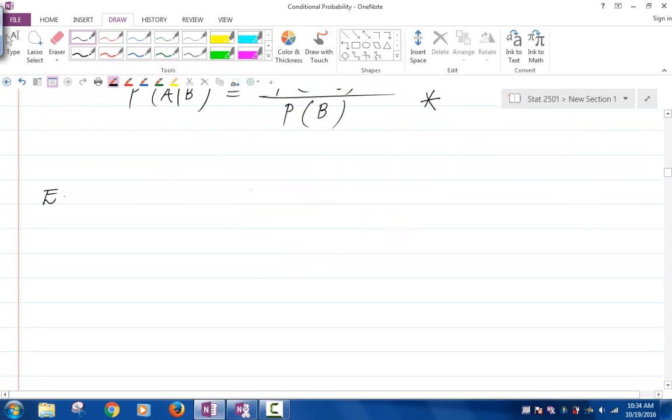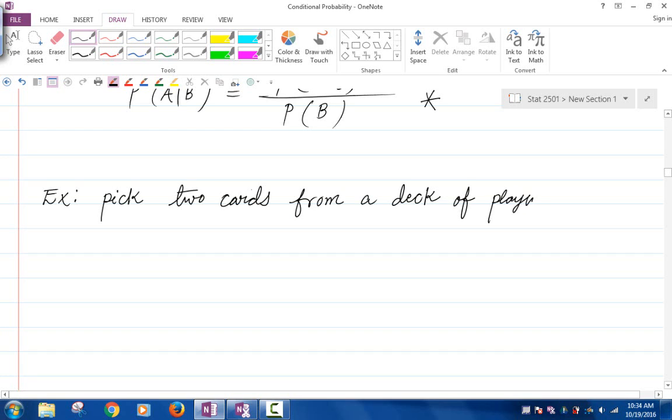Let's say pick 2 cards from a deck of playing cards. Is that how they say it, playing cards? Okay.